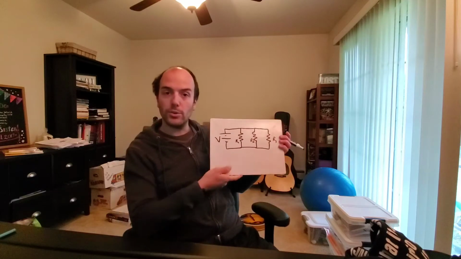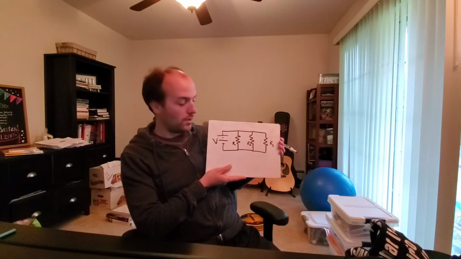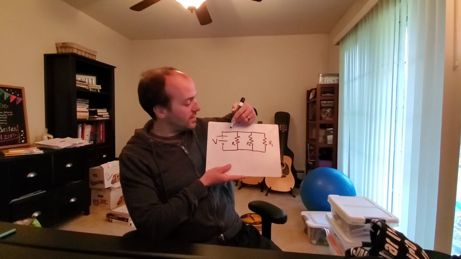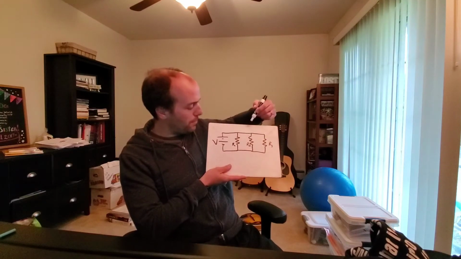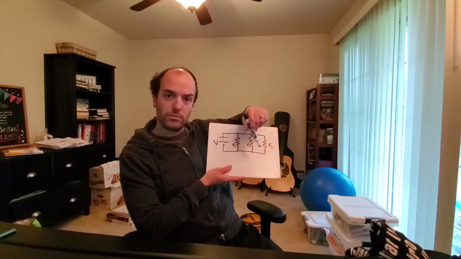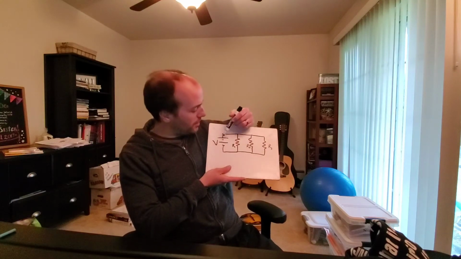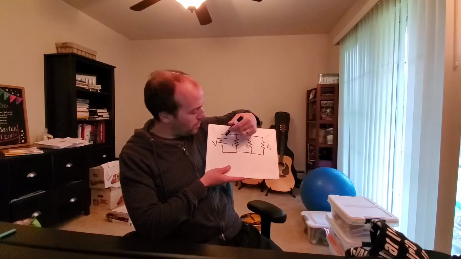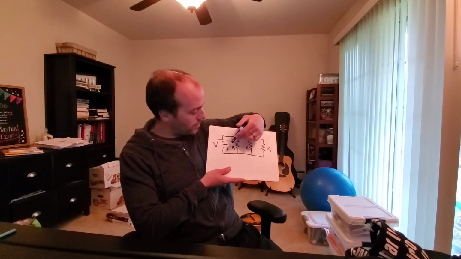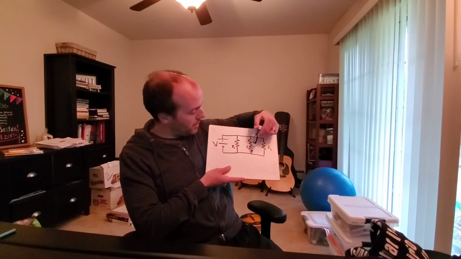Okay, think back to Kirchhoff's loop rule. Okay, Kirchhoff's loop rule says that in any closed loop, the voltage must drop to zero as it makes its way around. Okay, so if you look here, R1 makes its own closed loop, right? Current can just keep going around in this loop over and over again. That's a closed loop. R2 can make its own closed loop.